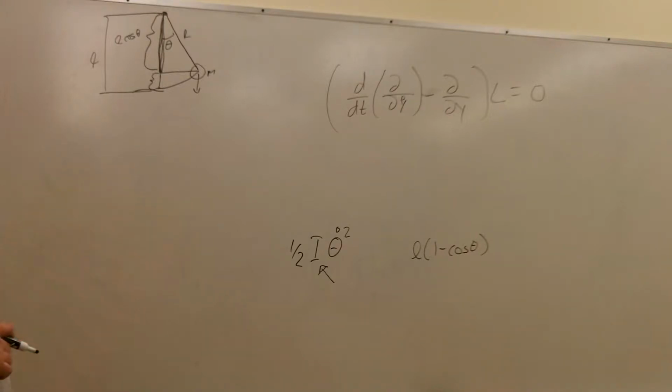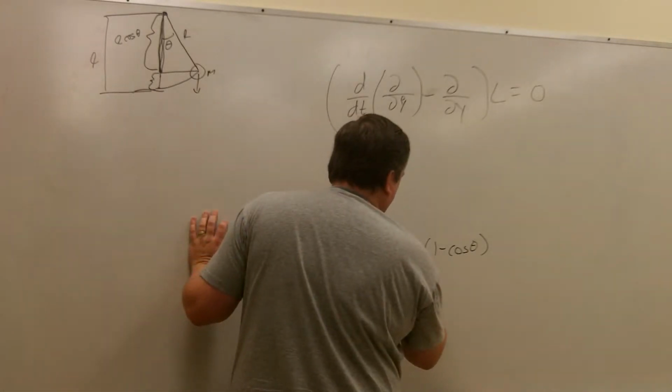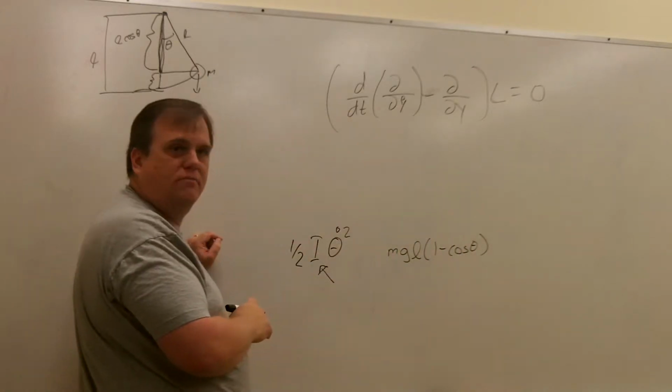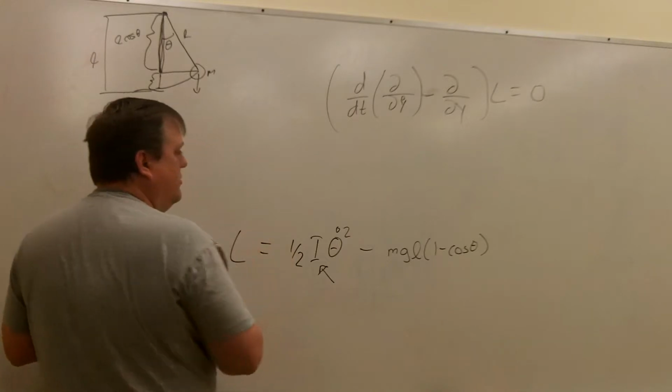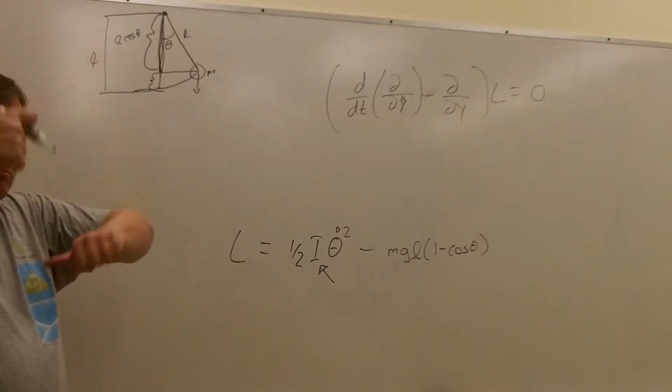So we agree that's the height, so what is the potential energy? I have to have my mass times g times the height, mgh, right? And so that has to be my Lagrangian. Do we agree? Yes.